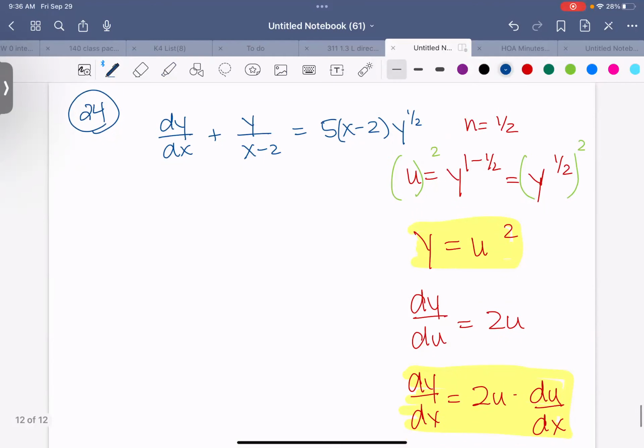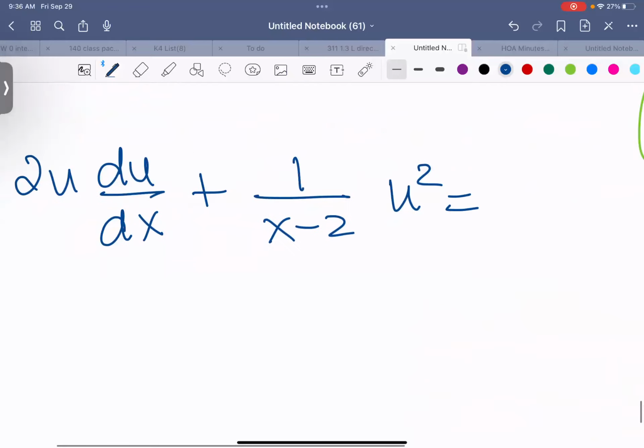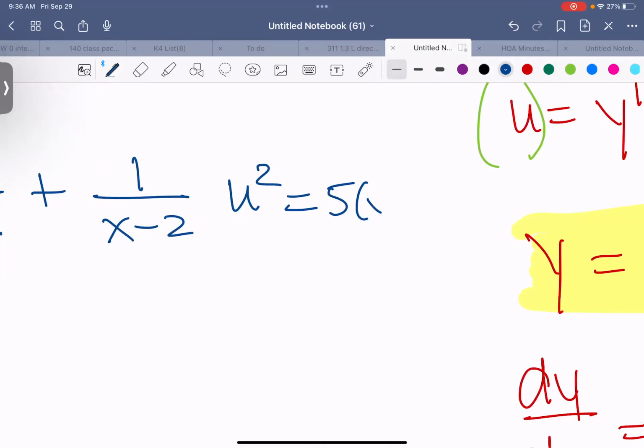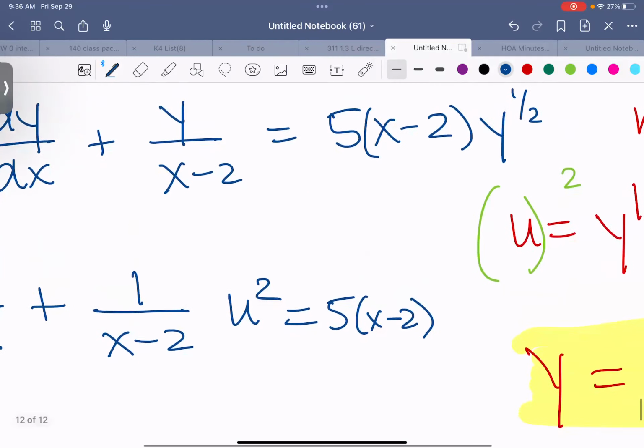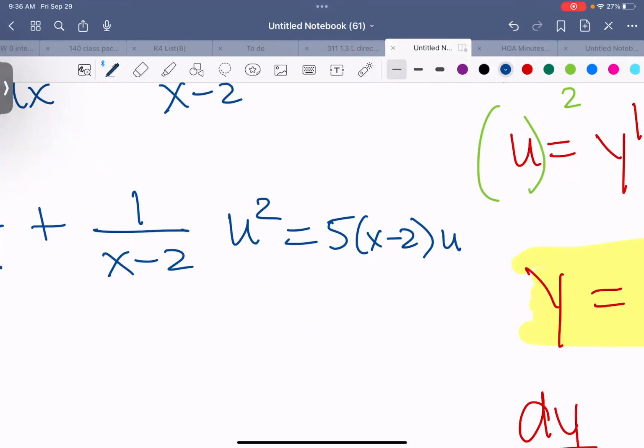If we go ahead and plug those in, this becomes 2u du dx plus, I'm going to write it as 1 over x minus 2 times u squared, equals 5 times x minus 2. And y to the 1/2 was our u.